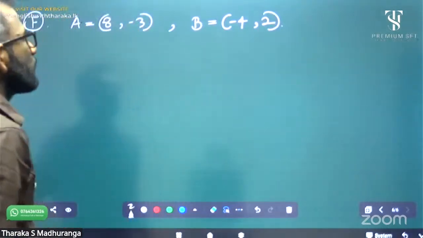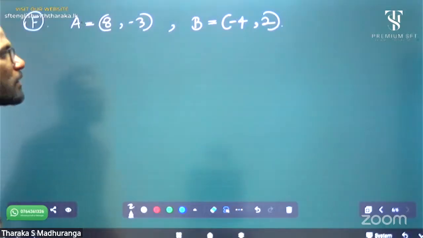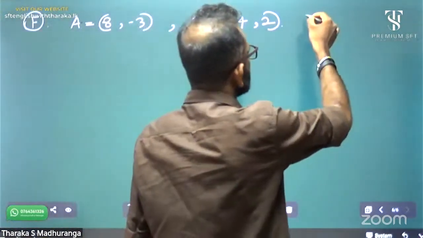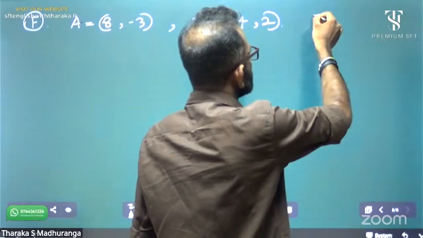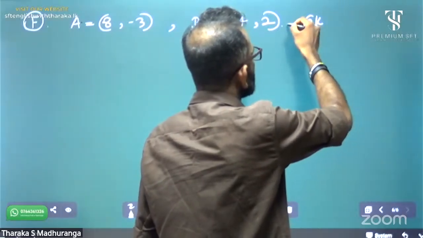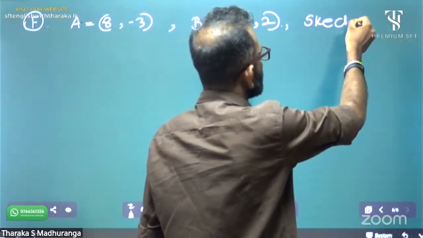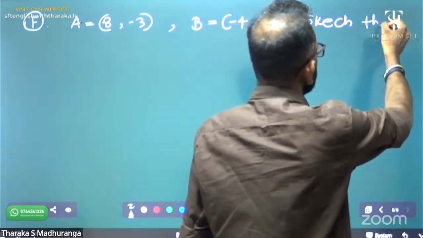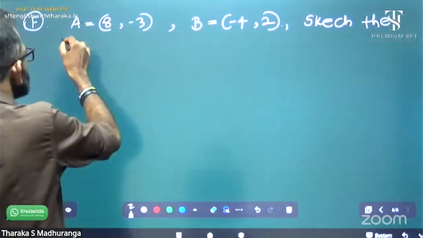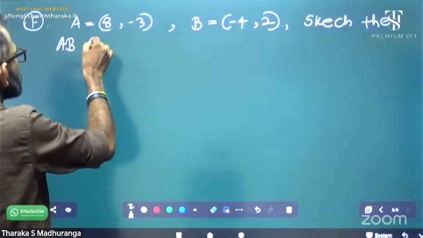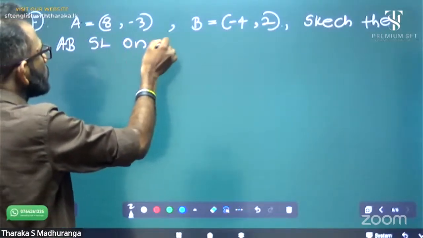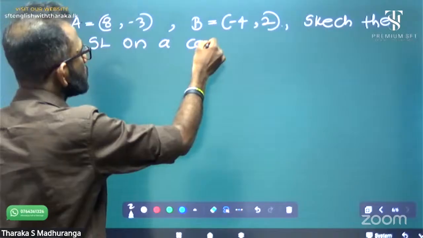Can you sketch the AB straight line on a Cartesian plane?